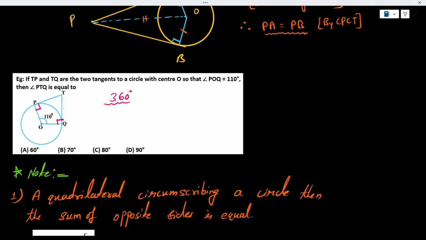If you add 90 and 90, that is 180. 180 plus 110 is going to be 290. So 360 minus 290 is going to be 70 degrees. Angle POQ formed by the two radii plus the angle between the two tangents, which is PTQ, is always 180 degrees.